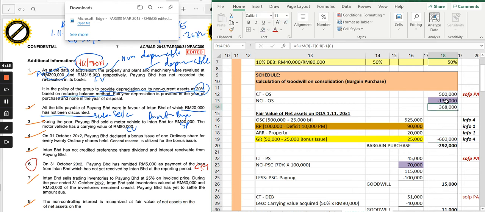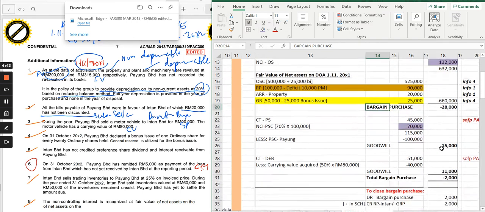So that was 132,000. Right, so therefore your total fair value of net asset will give you 660. So now you can see that non-controlling interest and the investment in subsidiary's ordinary shares are slightly lower than the fair value of net asset, and that gives rise to a bargain purchase on the acquisition of ordinary shares.